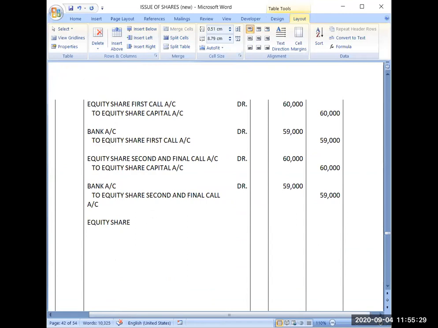We have to forfeit. So that's why we will debit the equity share capital account, to equity share first call account, whatever he has not paid. First call he has not paid.